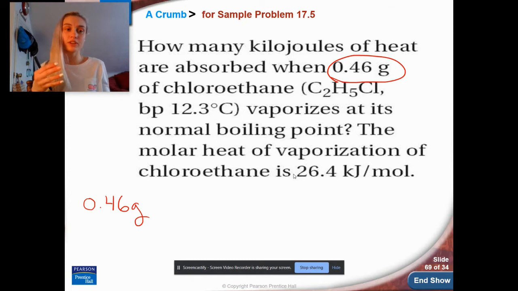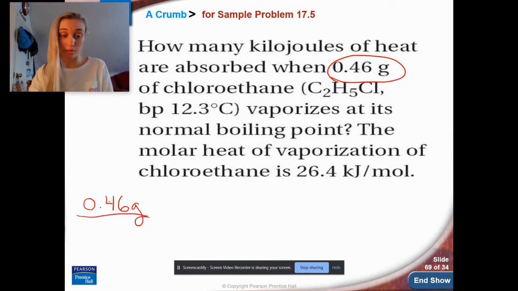Just convert from one thing to another and use the heat ofs as your conversion factor. So that's why I haven't given you any formulas for this part of chapter 17, because there aren't any. So I didn't know if you noticed, oh, we're not using formulas. How does she know what to do? Well, these are just conversions.